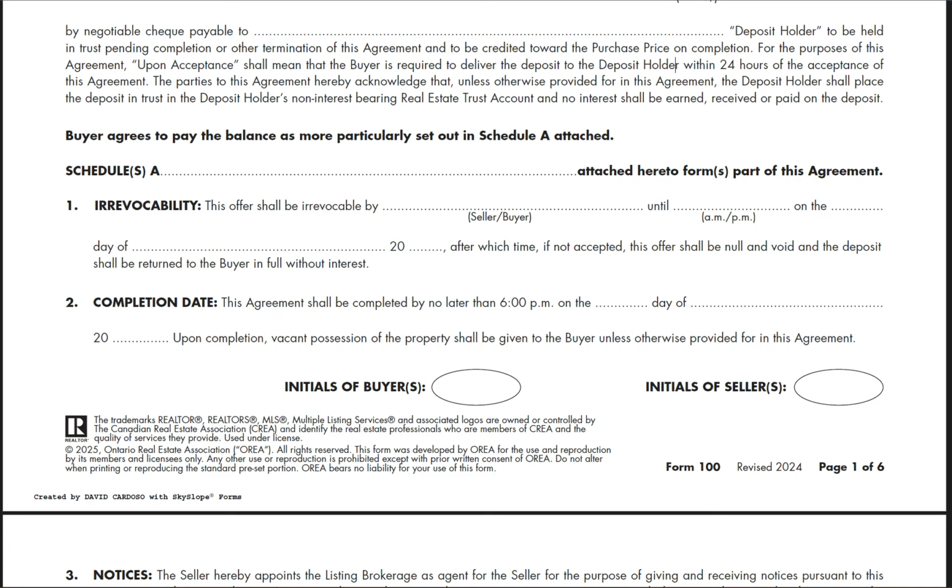It can also be a time in which, if they still want to purchase the home but there are things that didn't show up that they were surprised with, they can usually request repairs or renegotiate on the price. Some other ones might be that the sale of the buyer's property is conditional on this agreement.